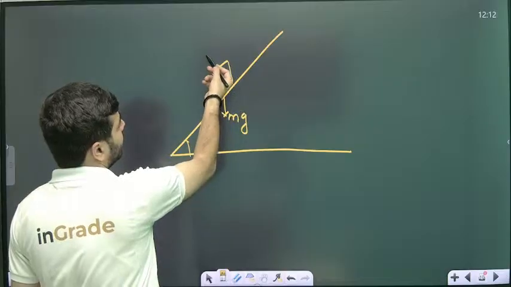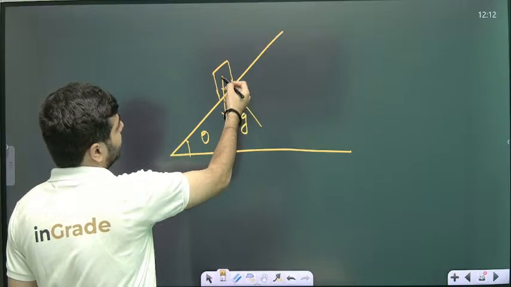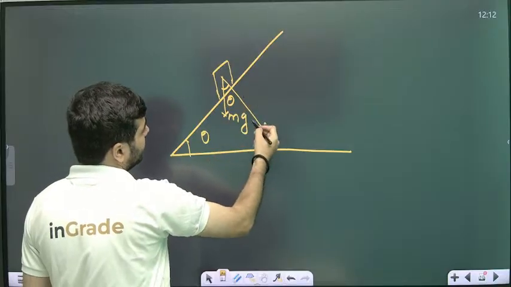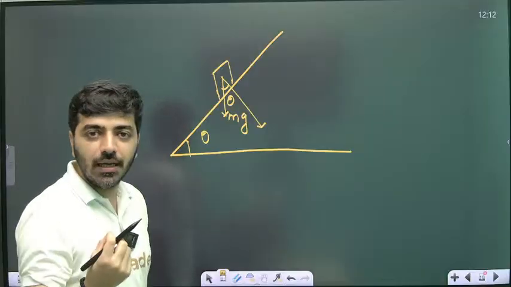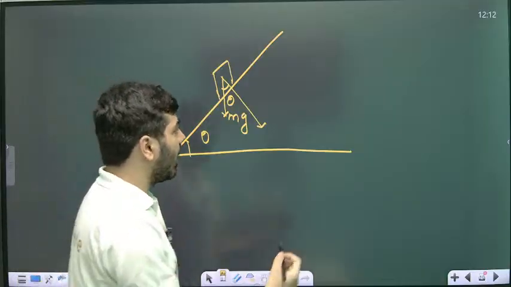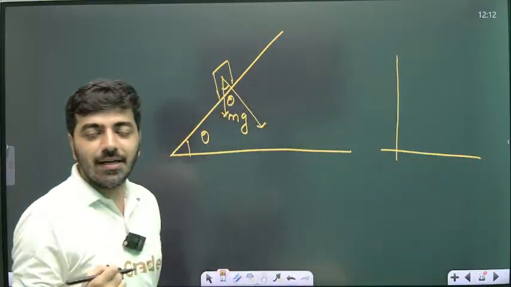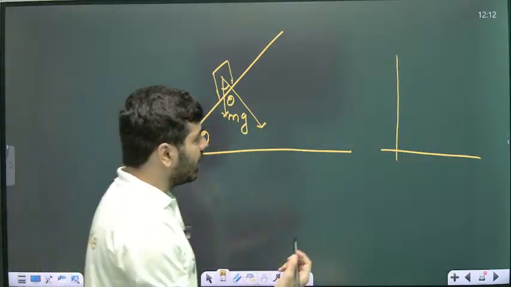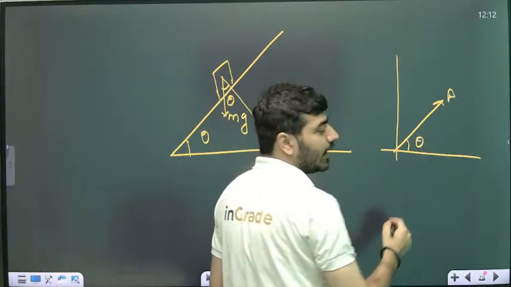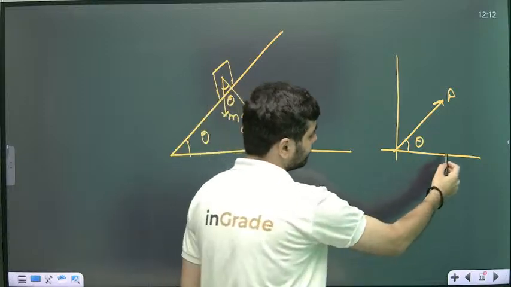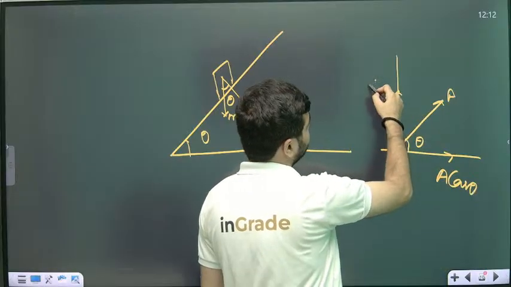Now we have two components. This angle is also theta, and if we have a mass mg acting in the downward direction, then we have two components, mg cos theta and mg sin theta. I hope you know that in the morning class I taught you that if there is a vector, let's say A, at an angle of theta, then the vector has two components, A cos theta and A sin theta.